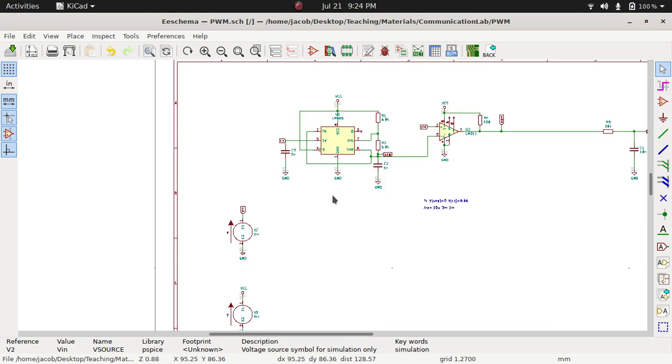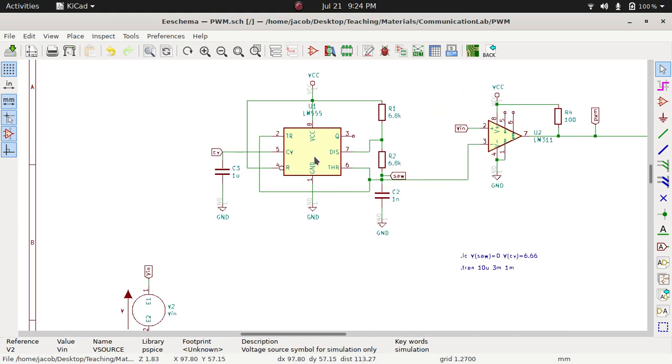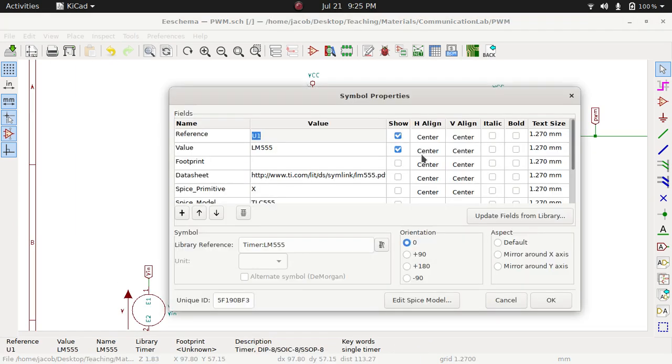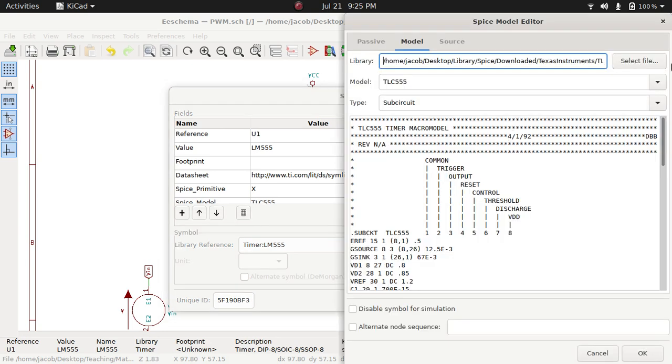And then the 555. In KiCad you will have to add a SPICE model for each of these components that you are adding. So I have obtained a 555 model from the internet, and I am using that one.